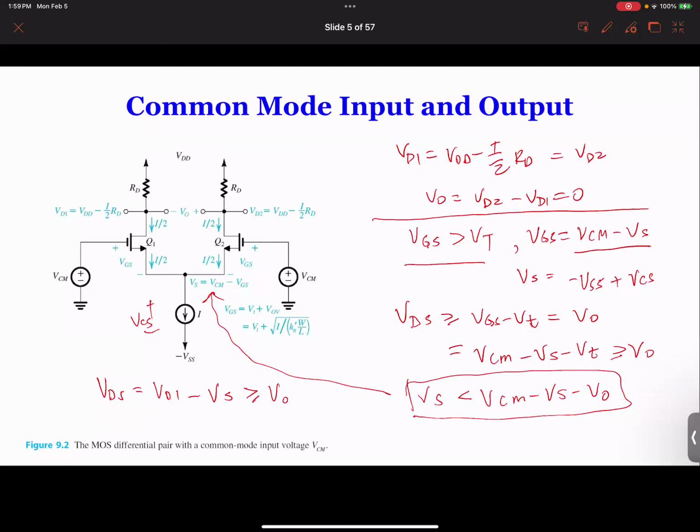So that VD1, right, VD1 is already calculated along this equation over here. So that's how we want to make sure that this common mode input and output are eventually going to be in the saturation mode.